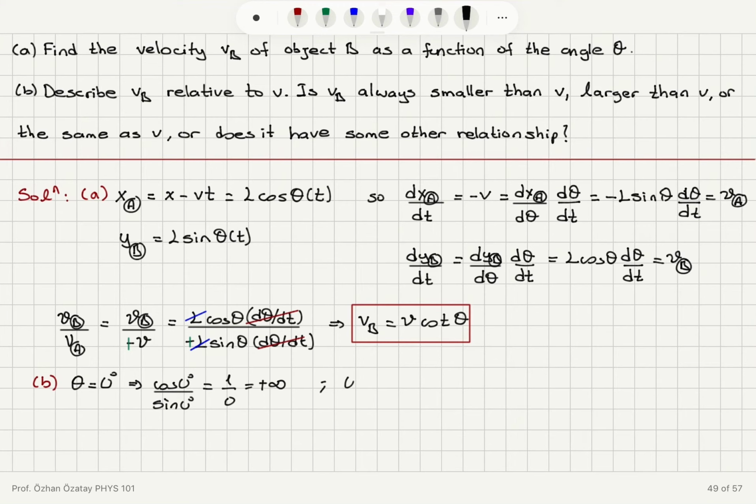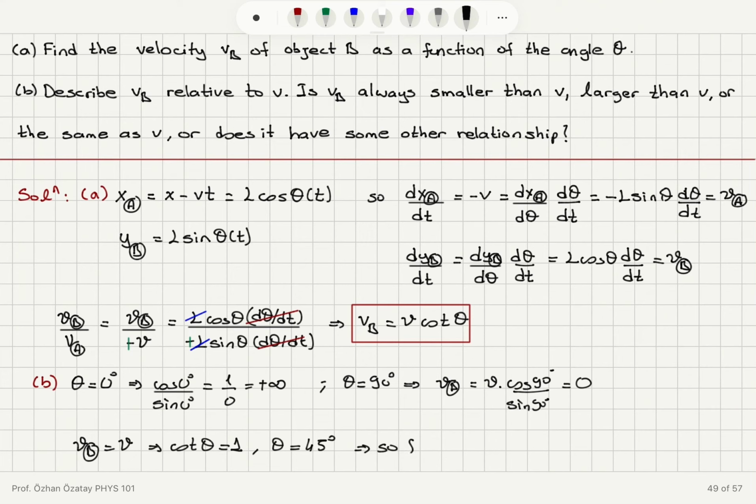On the other hand, when theta is equal to 90 degrees, we have VB equals V times cosine 90 over sine 90, which is 0. And when is VB equal to V? When cotangent theta is equal to 1, or theta is equal to 45 degrees.